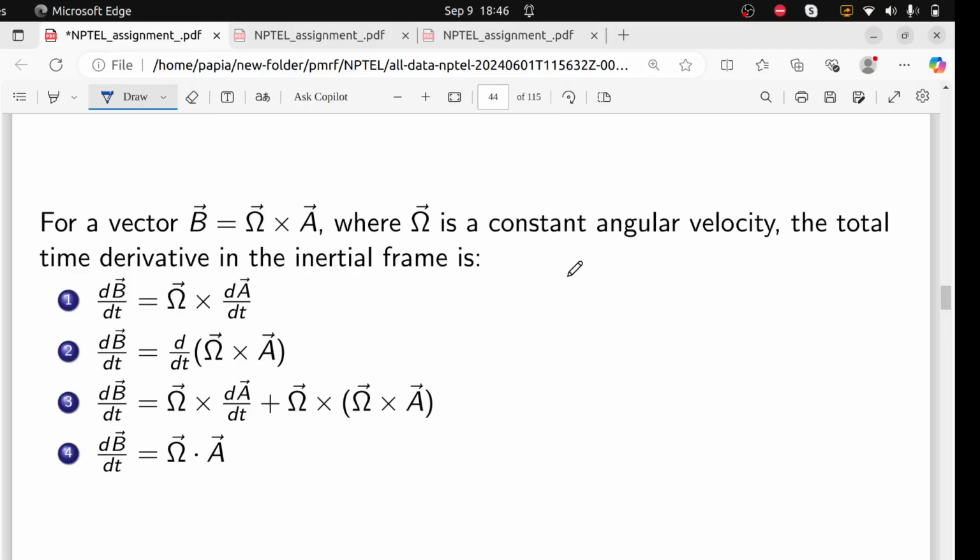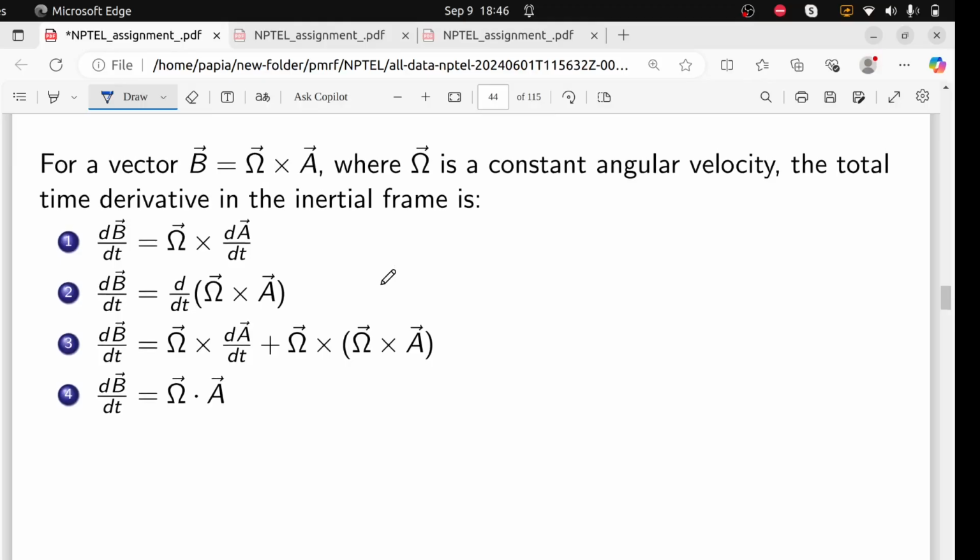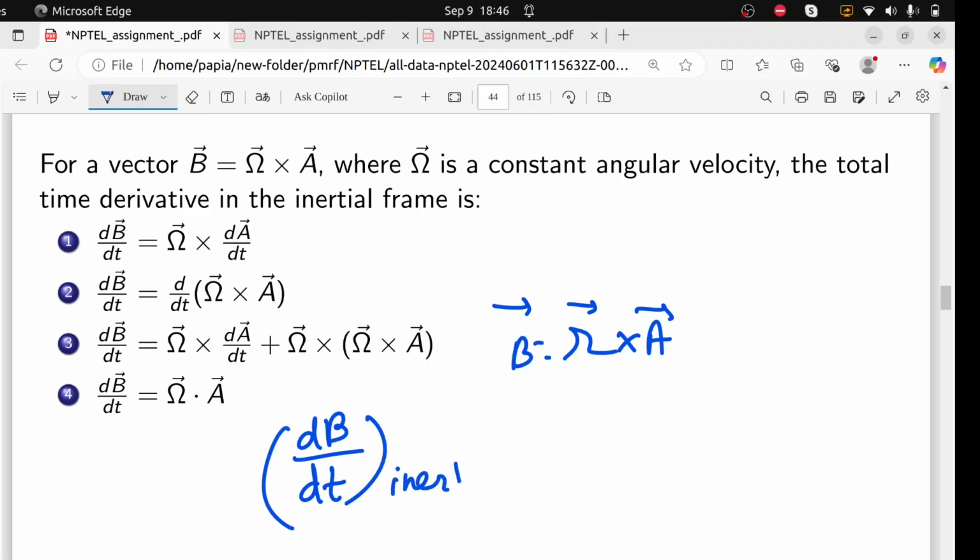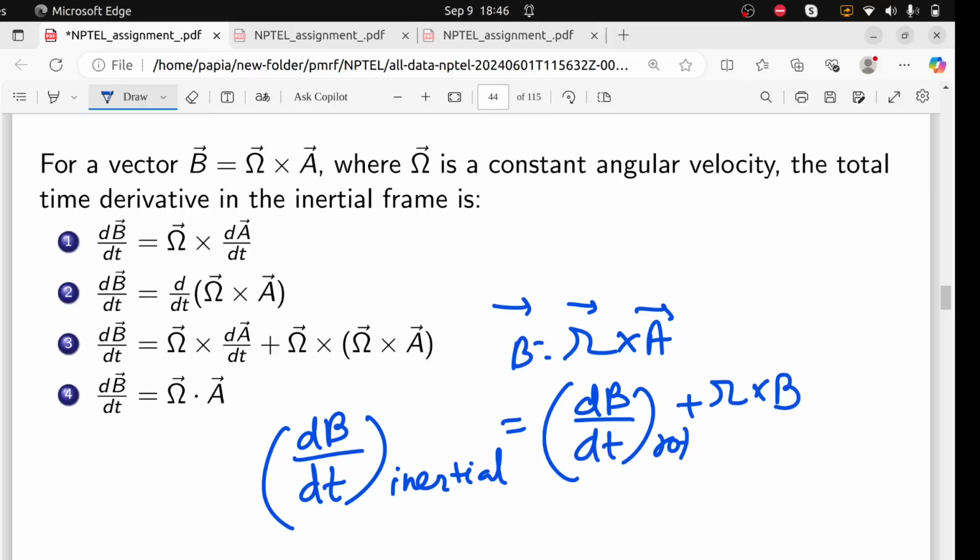The question is, for a vector v equals omega cross a, where omega is a constant angular velocity, the total time derivative in the inertial frame is, so this will be, as b equals omega cross a, simply I can write dB/dt inertial equals dB/dt rotational plus omega cross b. So dB/dt rotational plus omega cross a.